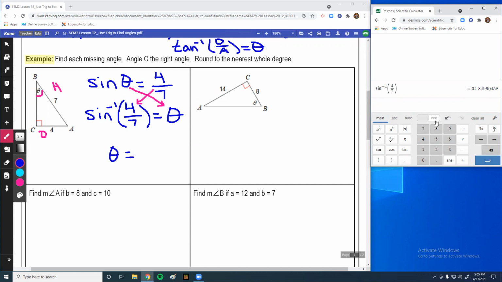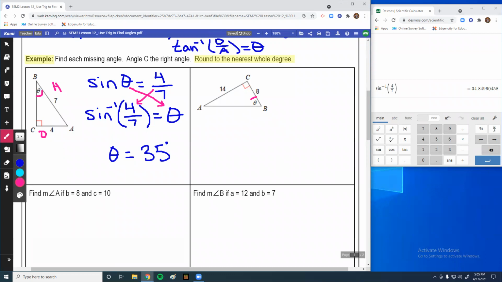And as you can see, my calculator is in degree mode, which it should be. Now, when we are rounding for angles, we are always going to round to the nearest whole degree. So our calculator says 34.84. So our angle, we're going to round up to 35 degrees. And there you have it. We have solved for an angle.